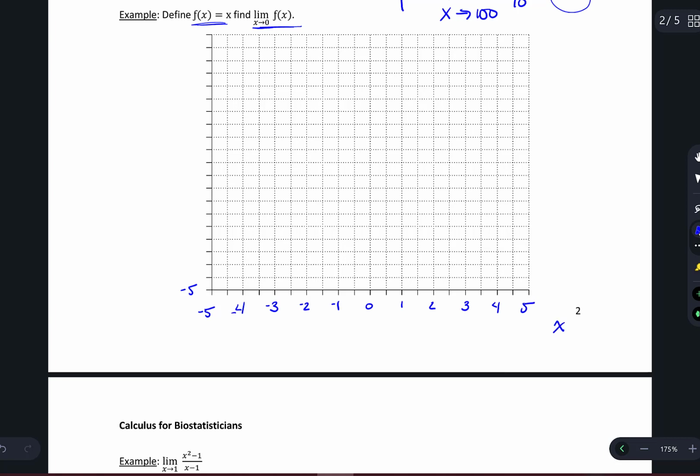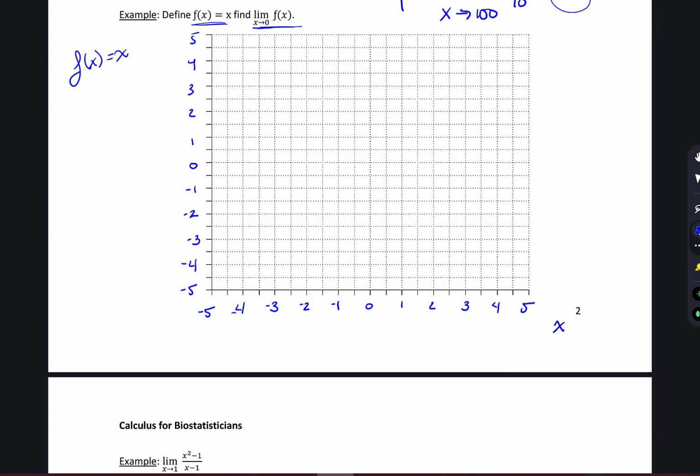On the x-axis, I'm just going to have the value x. And on the y-axis, I'm going to have f of x, which in this case is also just x, because this is the identity function.